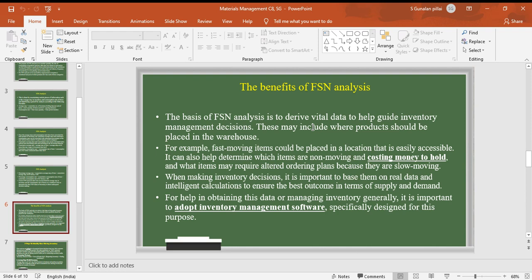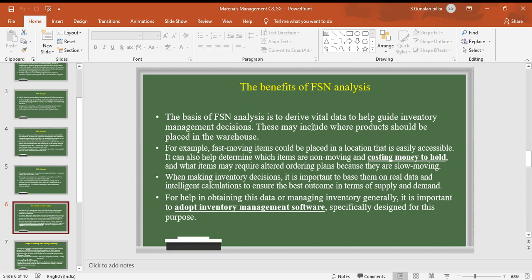If you see a lot of stores, they are using the traditional system of ABC or 1, 2, 3 numbers. "Depending on that only I will keep, sir." It is not like that. It can also help determine which items are non-moving and costing money to hold. If a product is lost on the ground, you can identify that it is a very slow moving item, and we should keep it with a very small amount of investment.